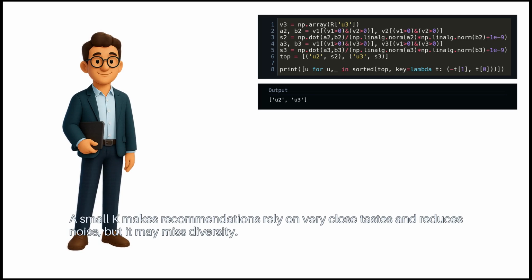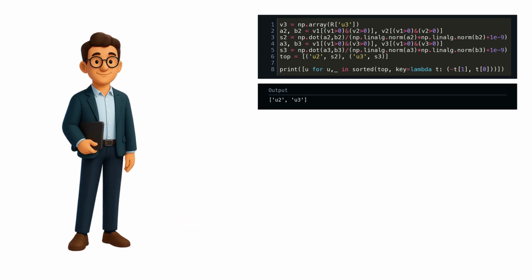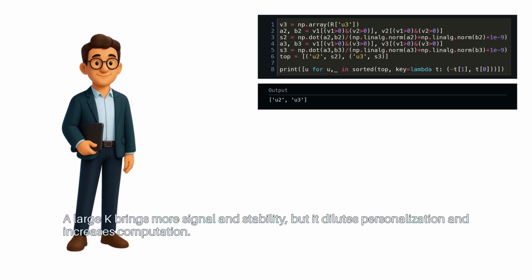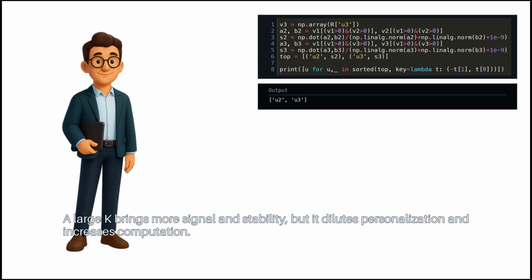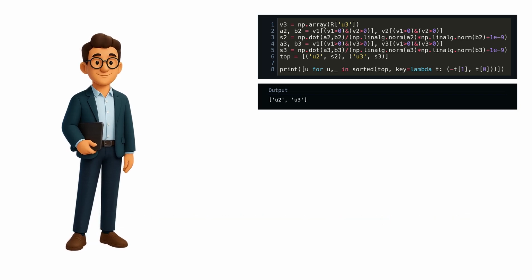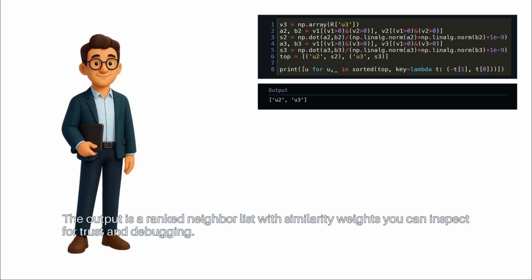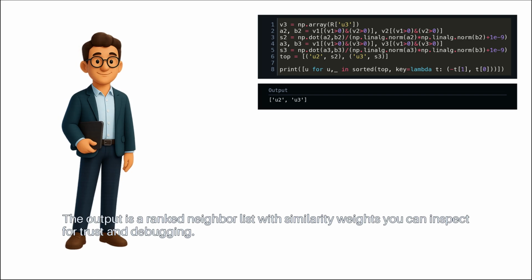A small K makes recommendations rely on very close tastes and reduces noise, but it may miss diversity. A large K brings more signal and stability, but it dilutes personalization and increases computation. The output is a ranked neighbor list with similarity weights you can inspect for trust and debugging.